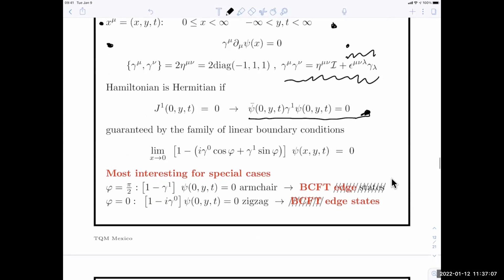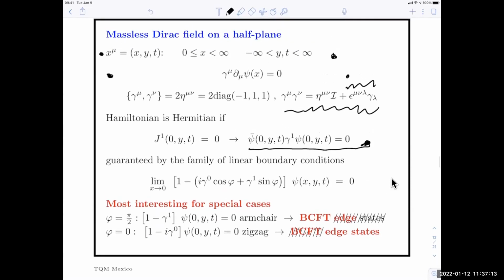And one can easily find some nice linear boundary conditions that do that. In fact, here there's an infinite family of them, which are parameterized by an angle phi, which if imposed, all do the job. Now, the proper boundary condition should, in a sense, eliminate half of the components of the spinor at the boundary.